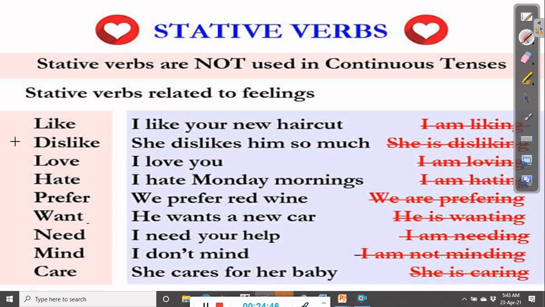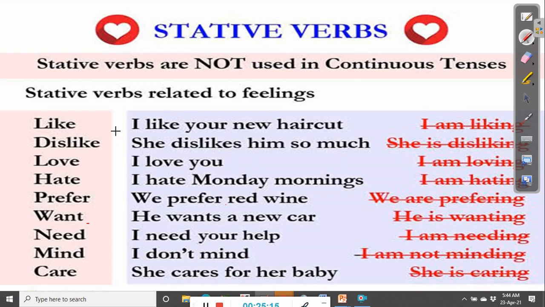So as we already saw, a class of these verbs is used in expressing feelings. We do not use them in progressive or continuous tenses when we use stative verbs to express feelings. Well, we shall look at this from different angles.